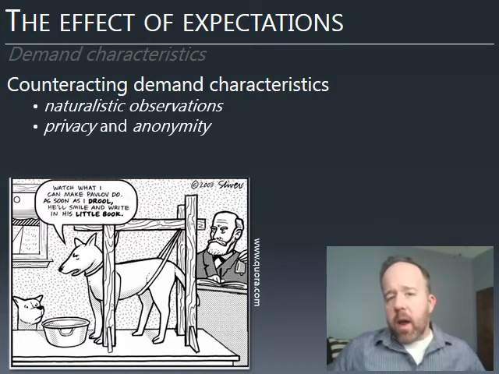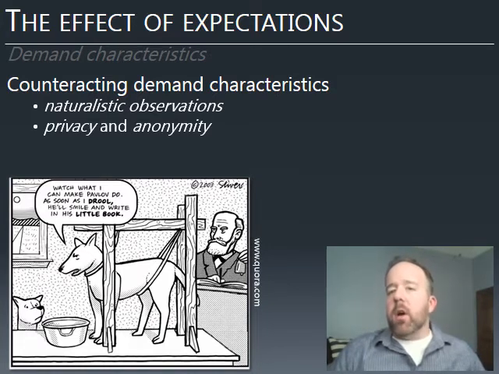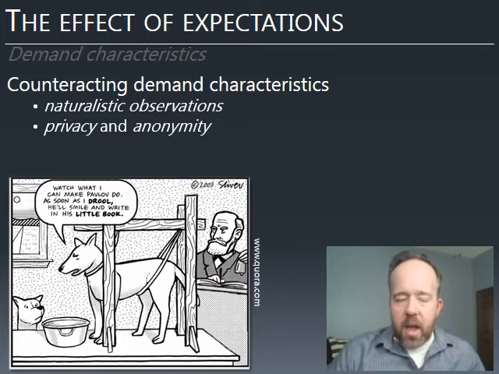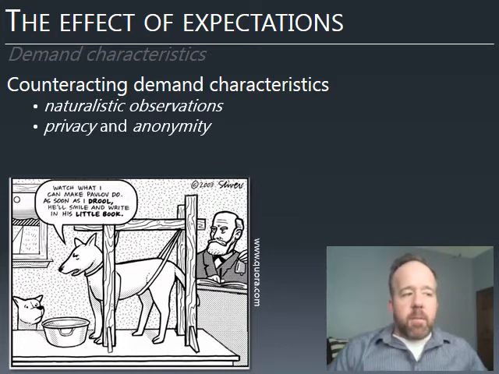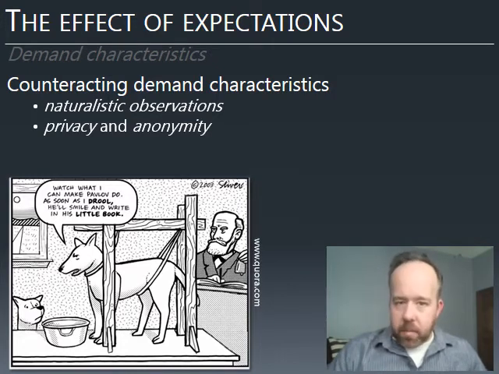Another way to counteract demand characteristics is through privacy and anonymity. People often behave more naturally or give a more representative example of behavior if they think they're doing so privately, especially for things like surveys. If you leave them alone, they're more likely to answer the survey honestly than if you sit there watching them. Anonymity is also a big one.